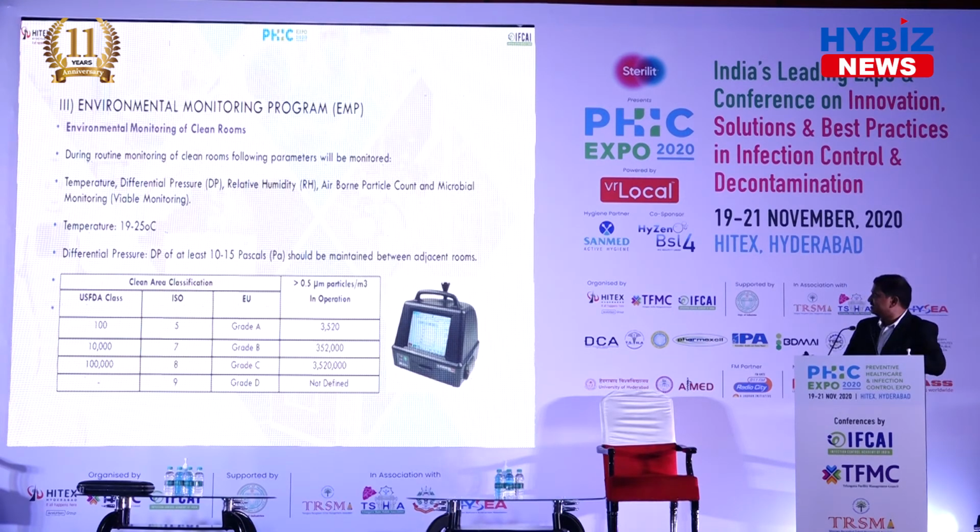For differential pressure, adjacent clean rooms with different classification should maintain a pressure differential of 10 to 15 Pascal, and RH should be 55 plus or minus 5, that is 55 to 60, so that the majority of products are stable at that relative humidity.